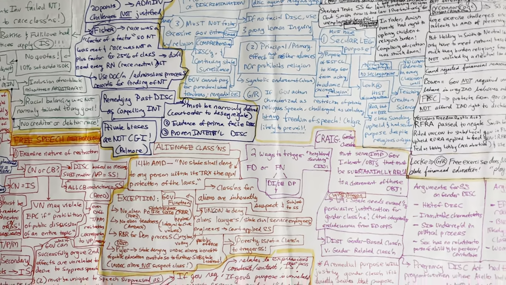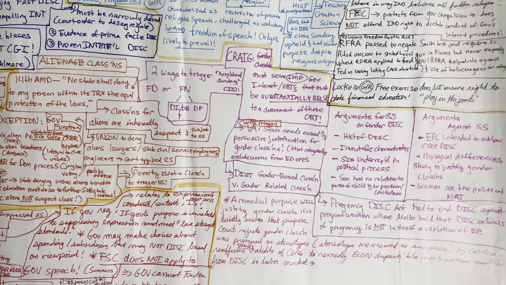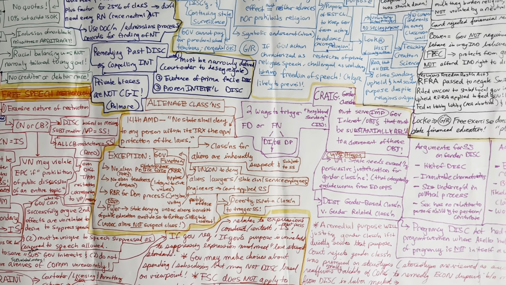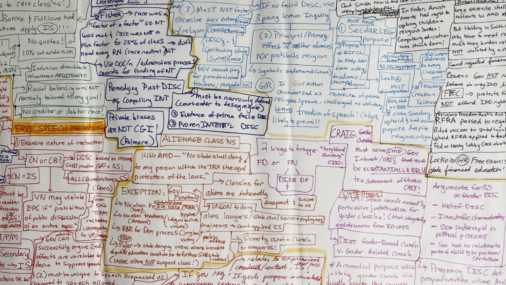So remember that we apply this intermediate scrutiny. We look for an important government interest and something that's substantially related to achievement of that objective.